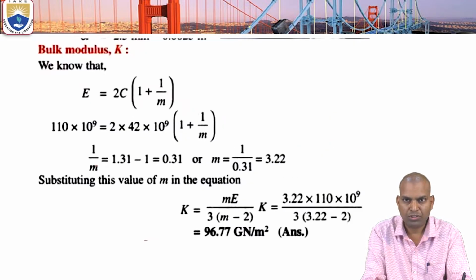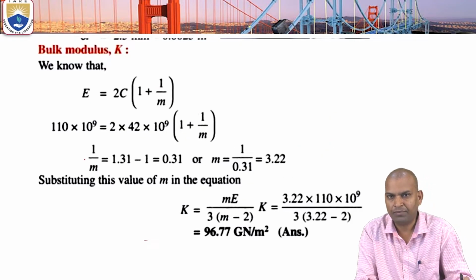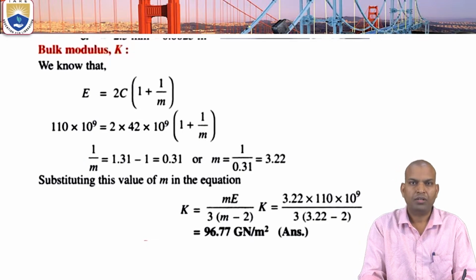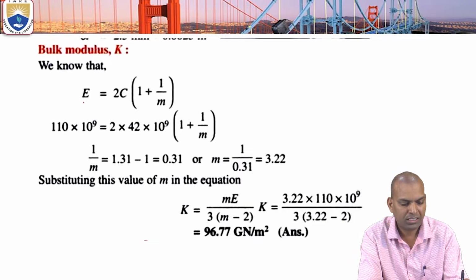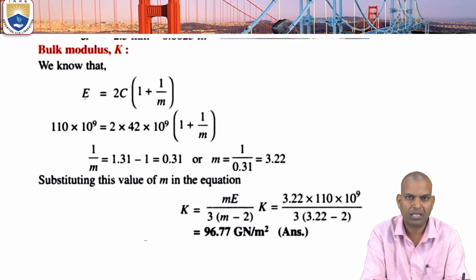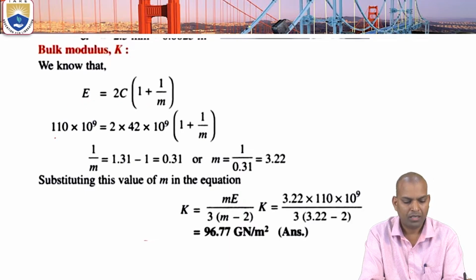So we need to know the relation between E, C, and mu. From that we can find the Poisson's ratio. We know the relation between E, C, and mu: E equal to 2C times 1 plus 1 by m.